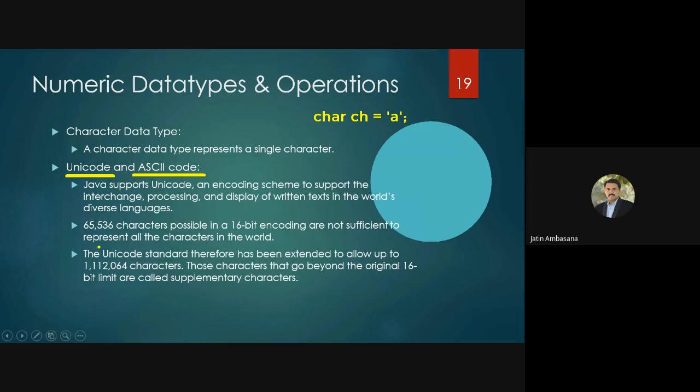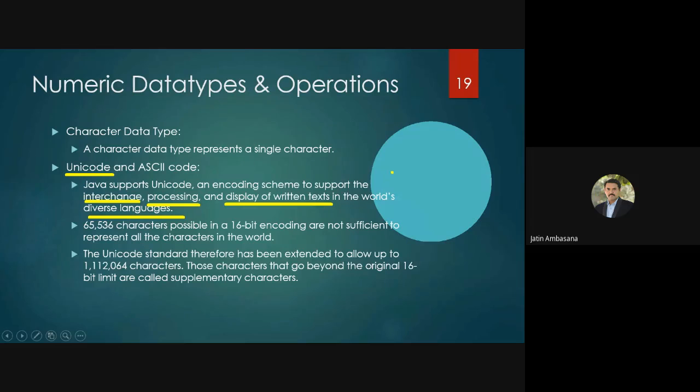Java supports Unicode characters, which is an encoding scheme to support the interchange, processing and display of written text in the world's diverse languages. So most of the world's languages are supported because of the Unicode character size that Java supports.